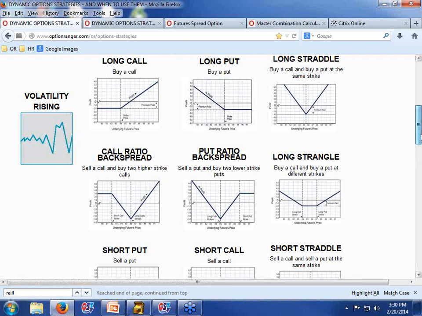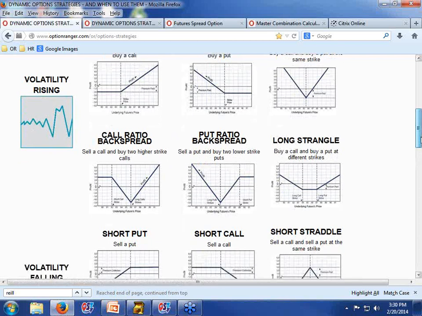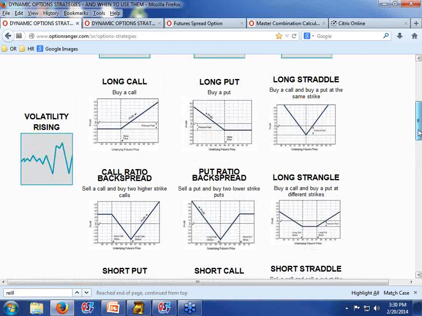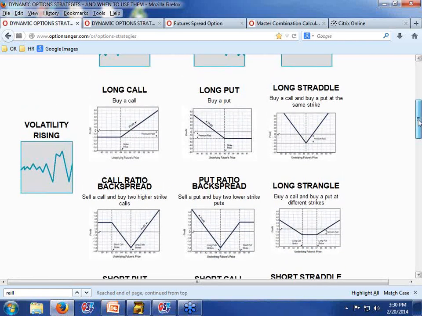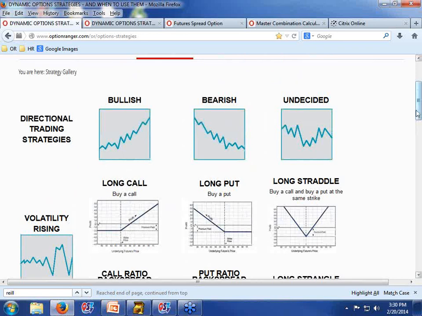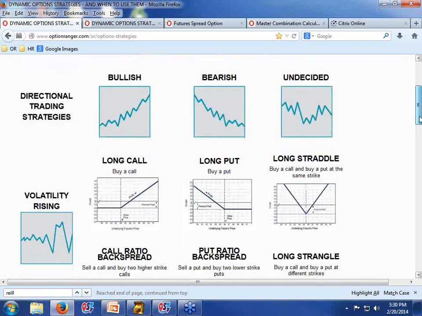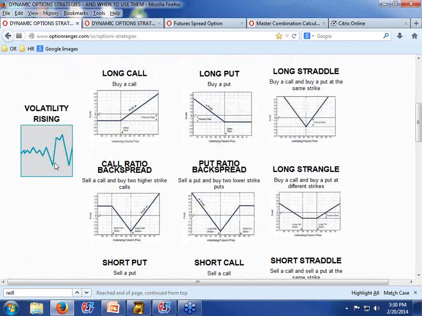And you have to really look at the implied volatility and say, is the volatility going to rise? Same as direction: rise, fall, sideways; bullish, bearish, undecided. And actually it's the same thing. Volatility can go up, which means that you expect the market to get more bouncy and crazy.